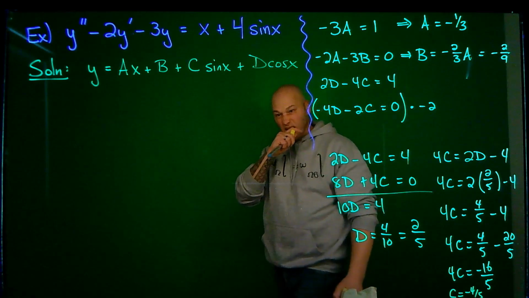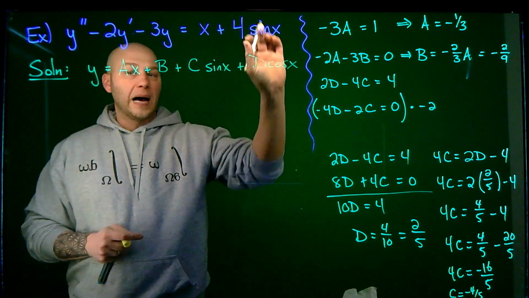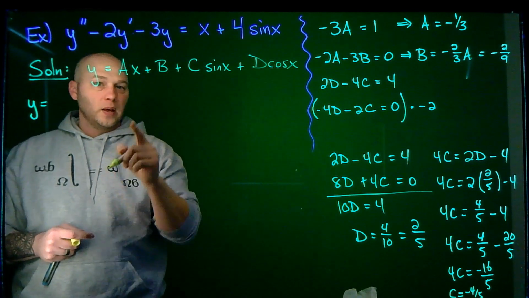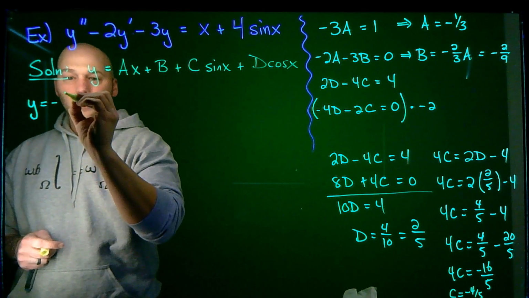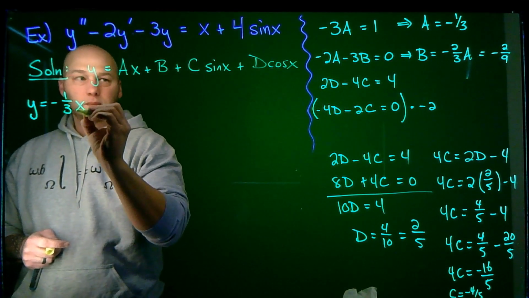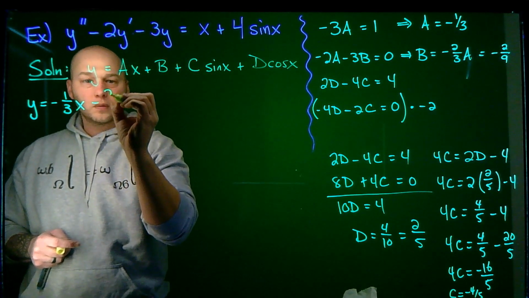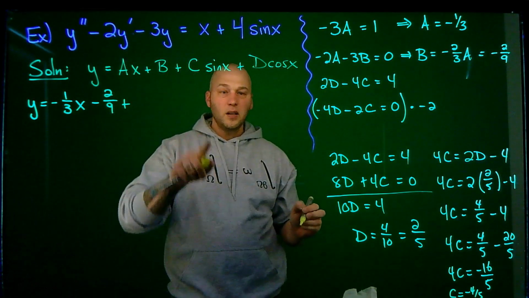Okay? That gives me the following general solution to the non-homogeneous portion. I get y is equal to ax, which was negative 1/3 x, plus b, which is minus 2/9, plus c sine of x.